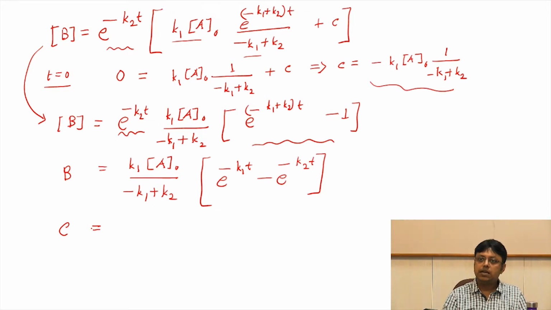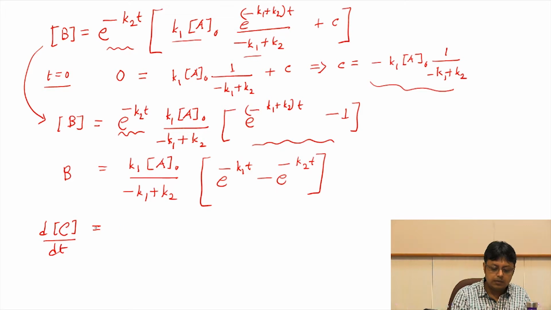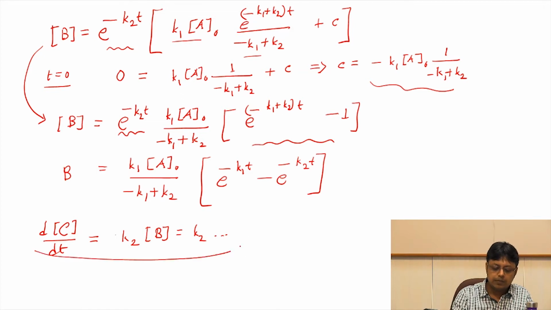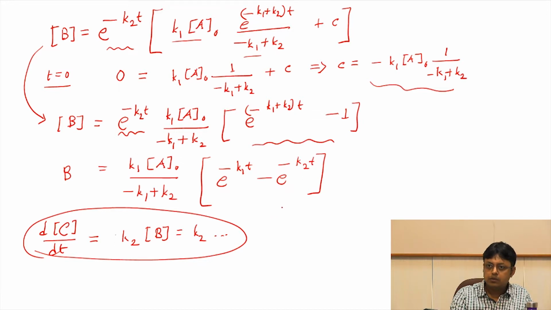We can write dc dt and then write it in terms of B, because you remember that this dc dt will be nothing but, because C is forming, so it is forming at a rate of k2 into B, and instead of B you can write this big expression, but that's a very clumsy way of writing. Instead you can just argue always at any point of time, since I have 1:1 stoichiometry.